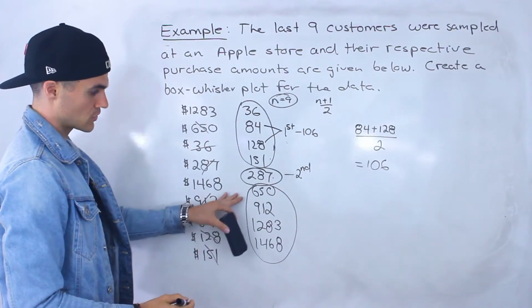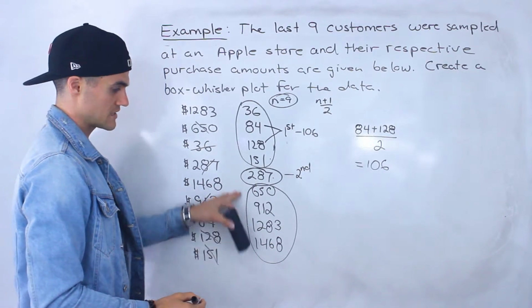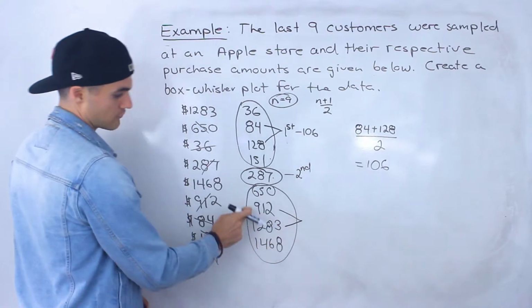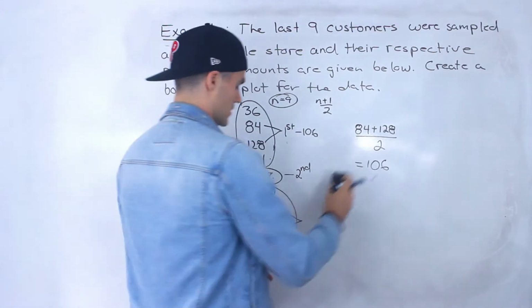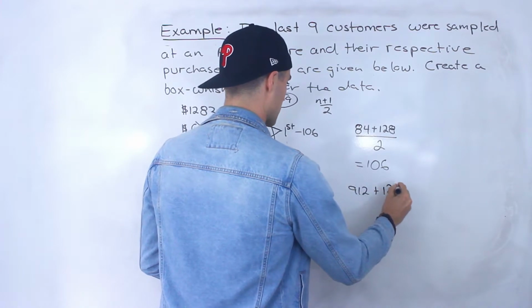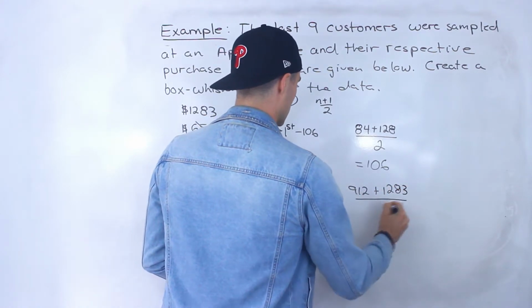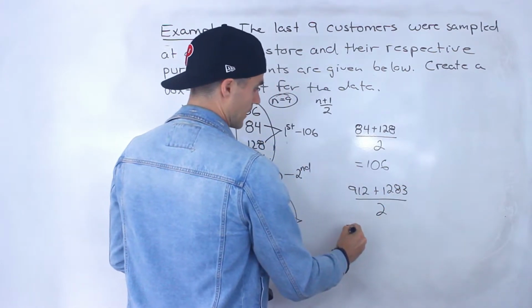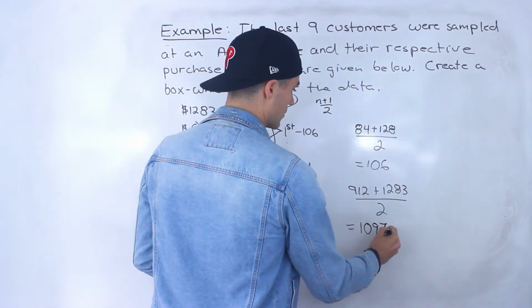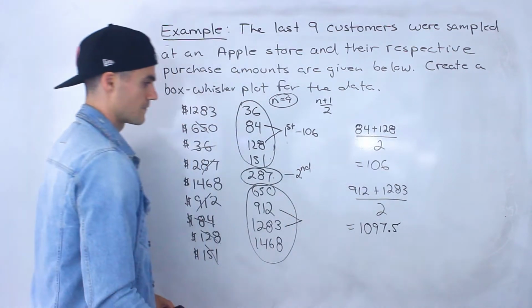Now to find the third quartile, we've got to take the median of this second half of the data. And notice that it's going to be the average between these 2 numbers here. So we would take 912 plus 1,283, divide that by 2, and we would end up getting 1,097.5.